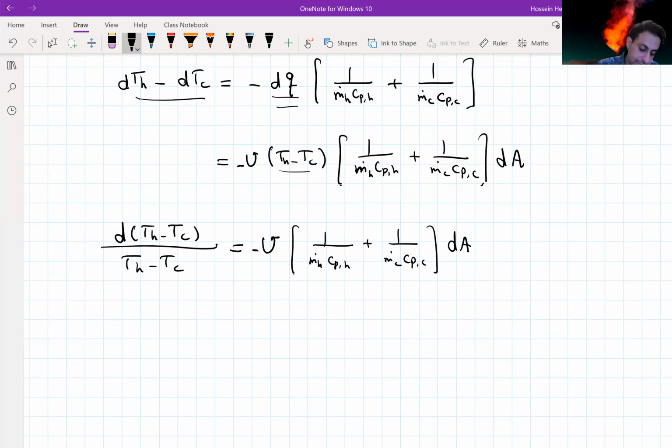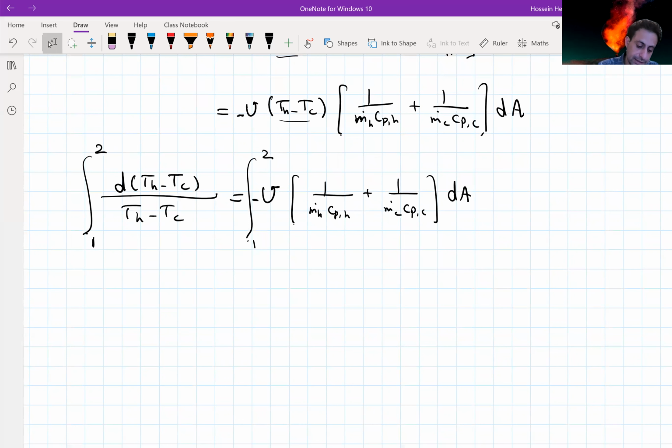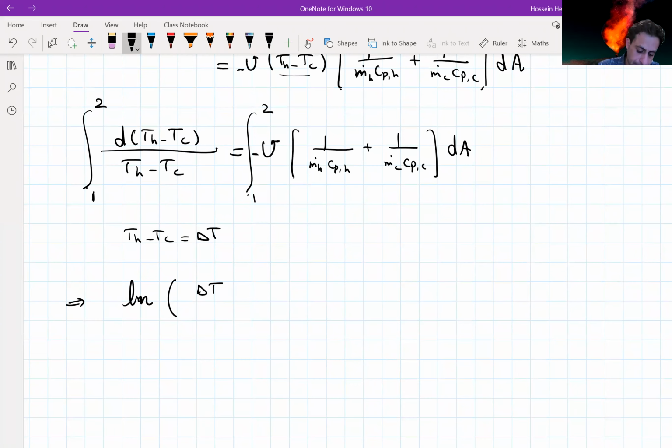If I take the integral of both sides from inlet to outlet, from point 1 to point 2, and assume that Th minus Tc is delta T, we get the natural log of delta T2 divided by delta T1 equal to minus UA times (1 over m dot h Cph plus 1 over m dot c Cpc).